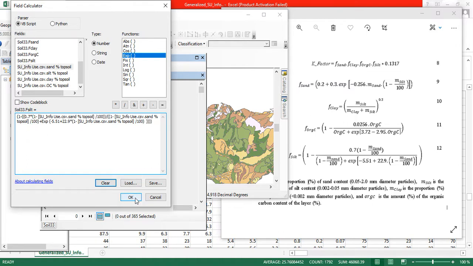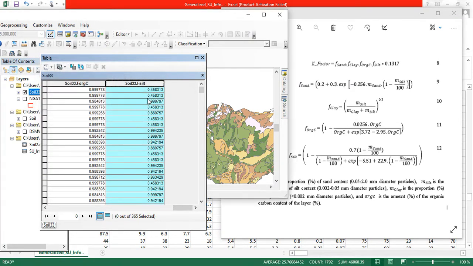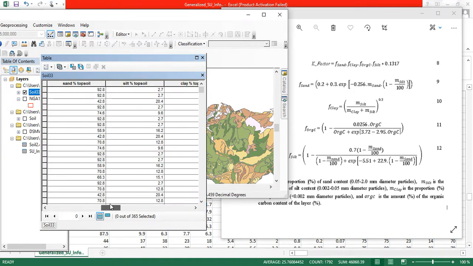I think we're good to go with this. So now we have calculated our 4 parameters.